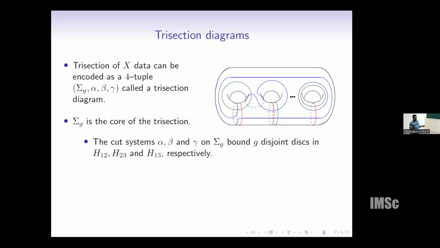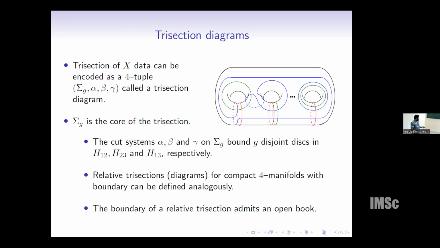Sigma is a closed surface, which is the core of the trisection, and alpha, beta, gamma are systems of curves corresponding to the handlebodies H_i, bounding g disjoint disks in H_i respectively. Relative trisections have a more complex structure compared to trisections due to the boundary. For example, they have an open book structure on the boundary of the core manifold.